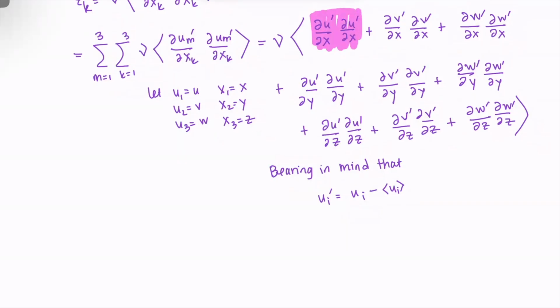We're going to look at this first term. Since this is a summation inside of the average, we can move the average over each of those terms that are being summed together, right?